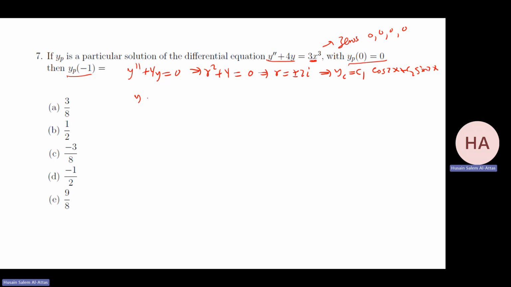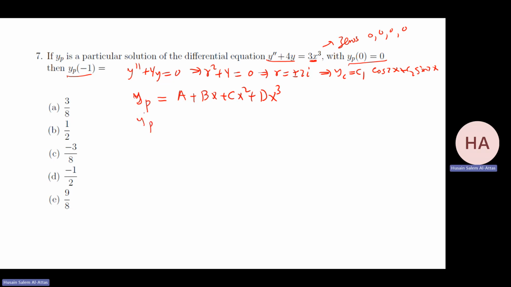So there's no duplication, so I can write y_p right away, or I can do y_p hat, do it the way you like, but there's no duplication. So y_p will be A plus Bx plus Cx squared plus Dx cubed. You want me to find A, B, C, D. Okay, so I plug it into the equation.